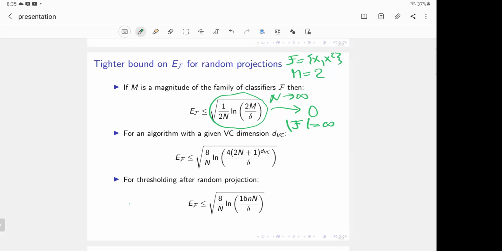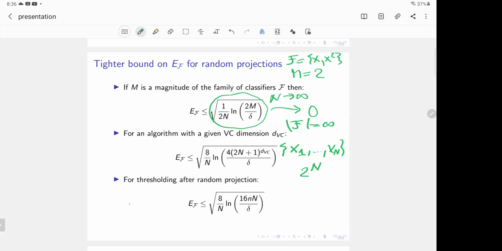The VC dimension is built upon the idea that even if we have an infinite number of functions in our family, we still have only a finite output on a finite number of data points. For example, if we have n data points and we classify either class 0 or class 1, we can have up to 2 to the power of n, and we cannot have more.